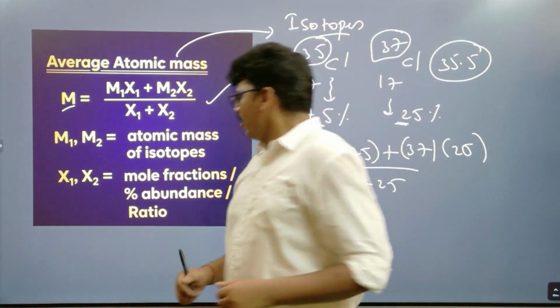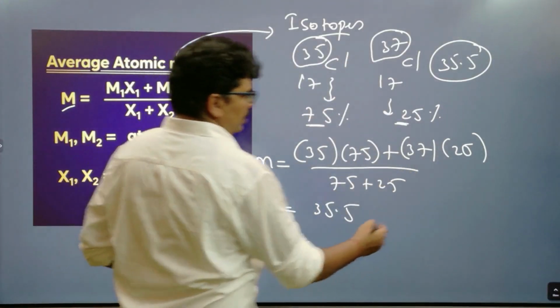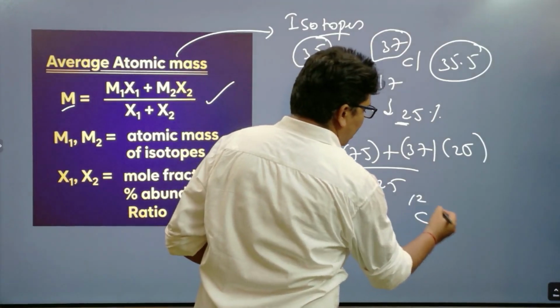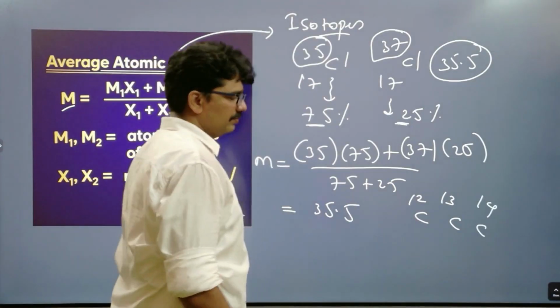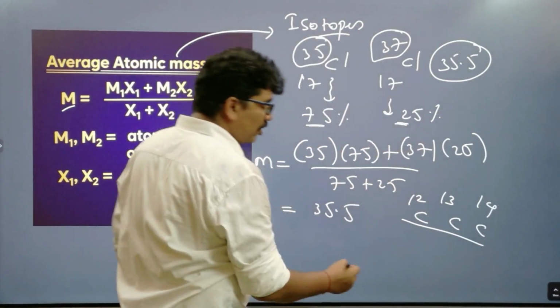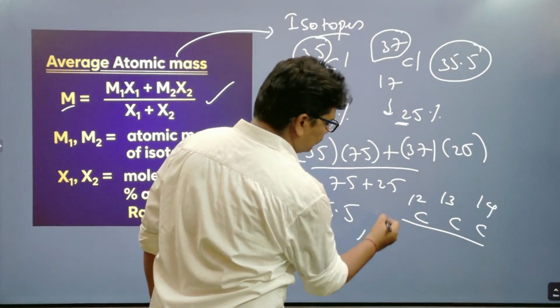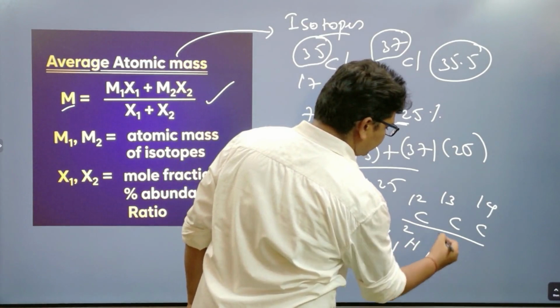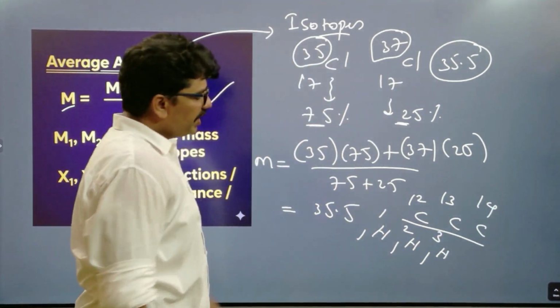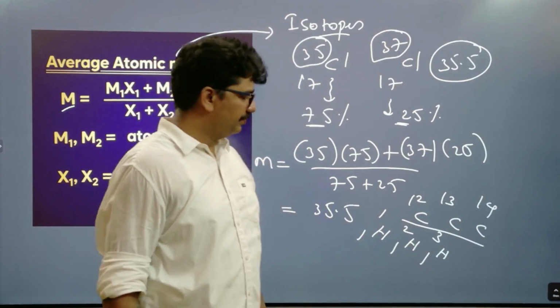Next, another important point is, take carbon isotopes. Carbon 12, carbon 13, carbon 14. Similarly, hydrogen isotopes. H11, H12, H13. Protium, deuterium, tritium.